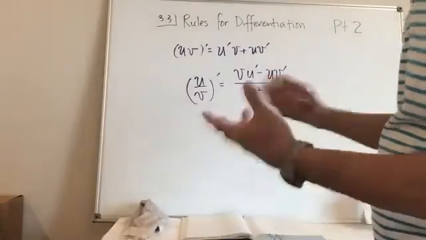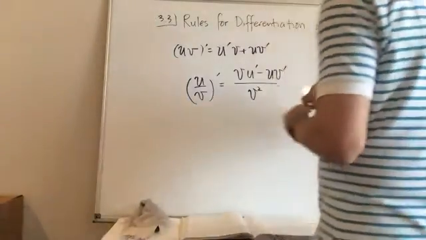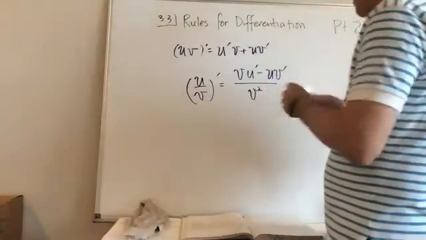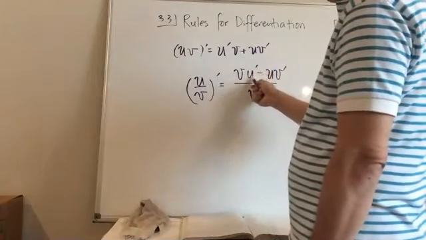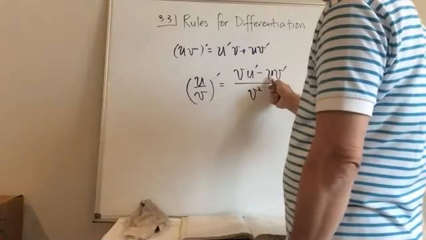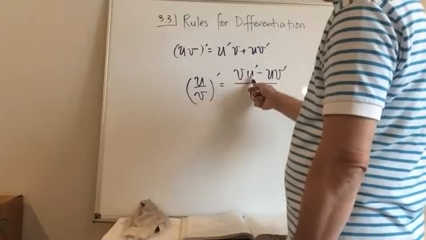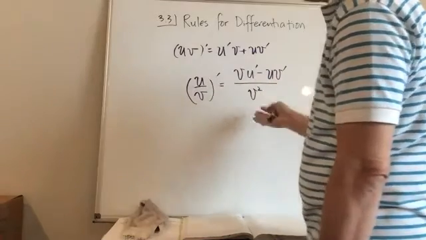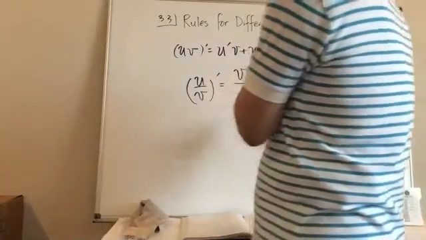So the usual mnemonic for this is what? We say it is v squared, and then low d high minus high d low, okay? Low d high minus high d low. Low meaning the denominator, high meaning the numerator.